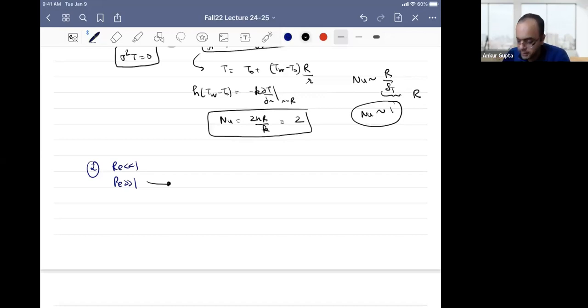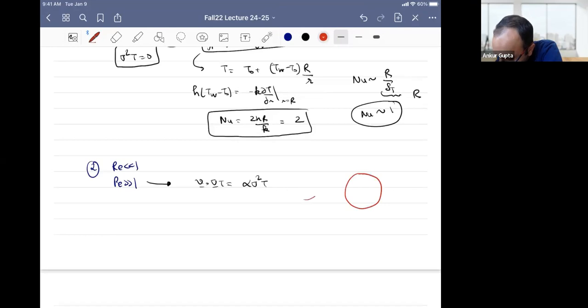What should I do to my governing equation, V dot del T? Should I ignore the right hand side completely, or what do you think is going to happen? Any thoughts? Anybody?